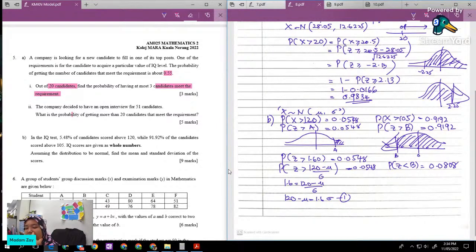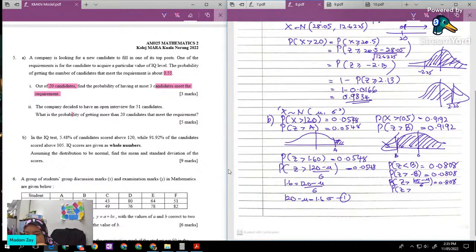Betul kan? Tapi Z less than B ni sama juga dengan Z more than negative B. So, sekarang kita compare dengan yang X tadi tu. Biasa kita akan jadikan dia standardize. Jadi, Z is more than 105 minus mu over sigma. So, kalau dalam table, kita tahu nilai apa?